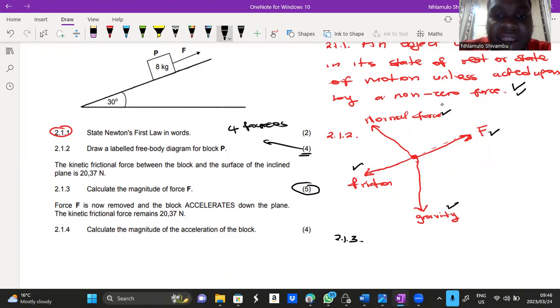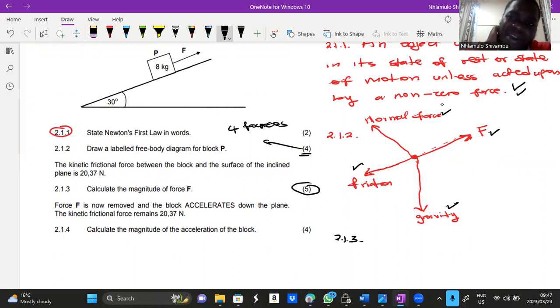So the examiner again gives you extra information to assist you to solve question 2.1.3. So the examiner is saying that the kinetic frictional force between the block and the surface of the incline is 20.37 newtons. So they're giving you the magnitude of the kinetic frictional force.